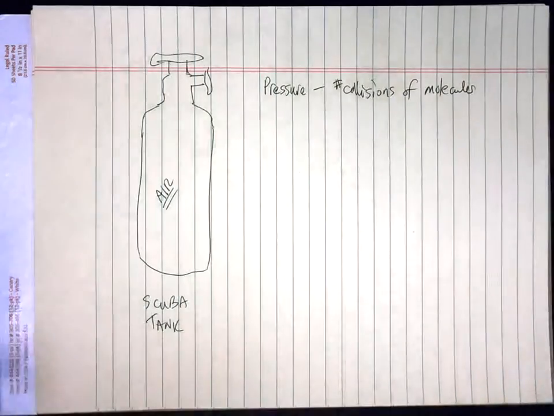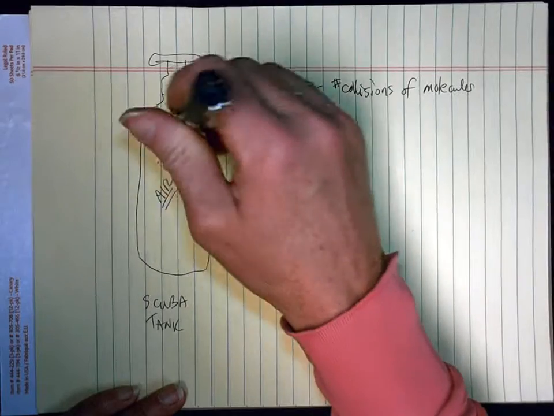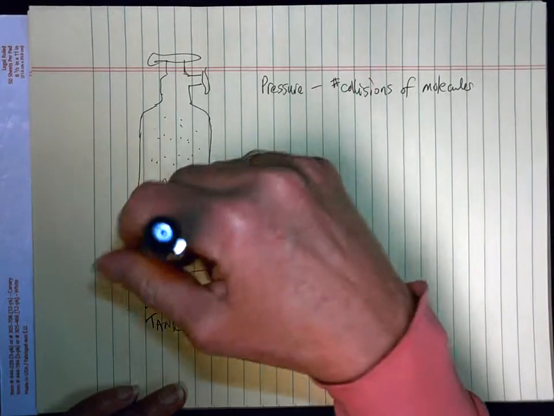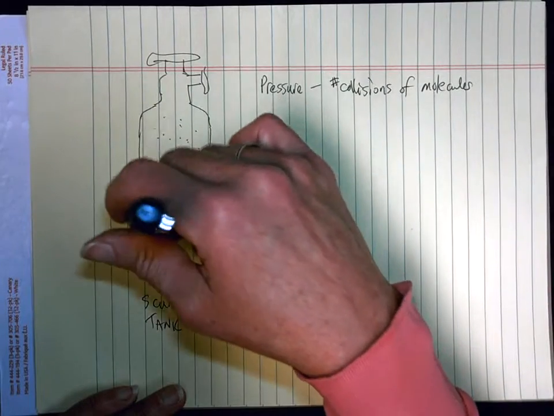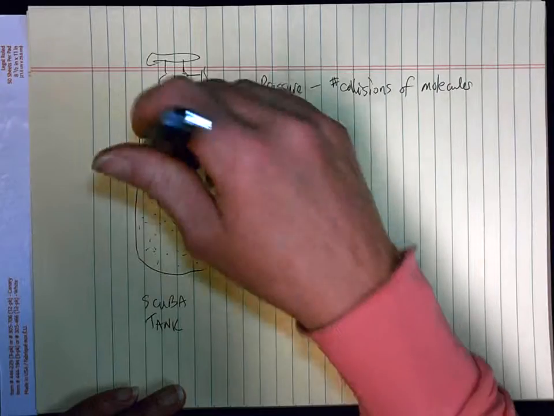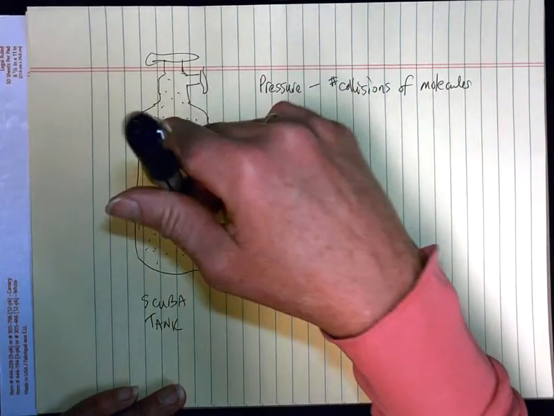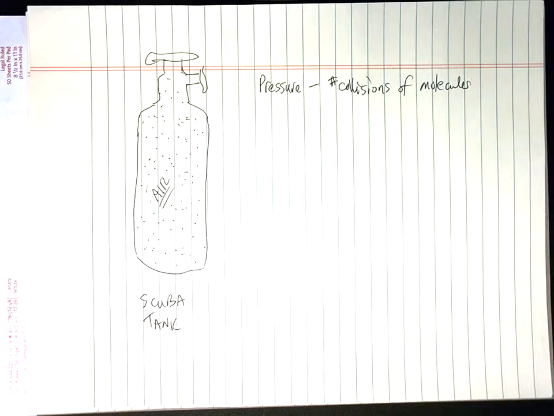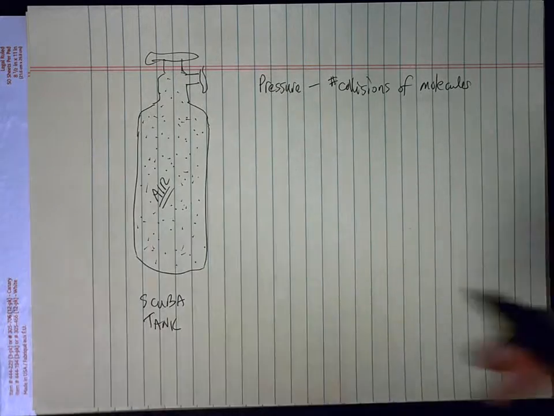What you can picture is, inside a scuba tank, you would have a whole bunch of molecules of air. Now this is just like the air that's in the room where all of us are sitting right now, breathing air. Even though we can't see it, there are billions of molecules of air in the room or outside. Wherever you're sitting right now, you're surrounded by billions of molecules of air.